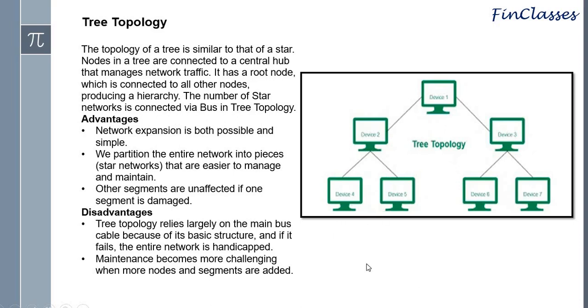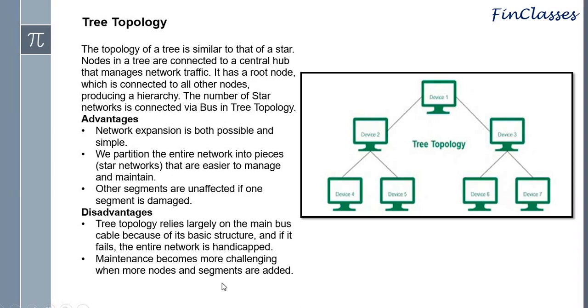It's a hierarchy, and it goes on having more branches added to it, and the entire network can be partitioned into pieces, that is, the star networks that we discussed here. The number of star networks is connected via a bus in tree topology. Other segments are unaffected if one particular segment is damaged. So this segment doesn't have connectivity, but this one has connectivity through the root node.